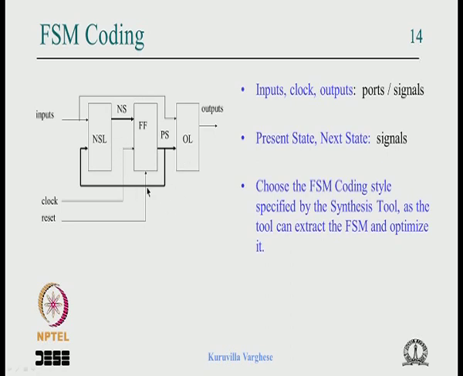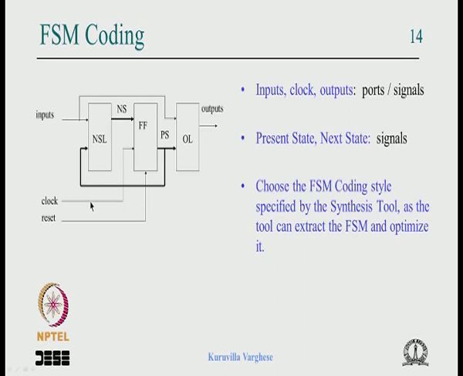So in principle there is nothing new about it, but since there are various different ways you can attack this problem, that should be kept in mind. If you take these inputs, there could be multiple external inputs, then the clock and reset, all that will be ports or signals while coding, because the state machine is controlling the data path.